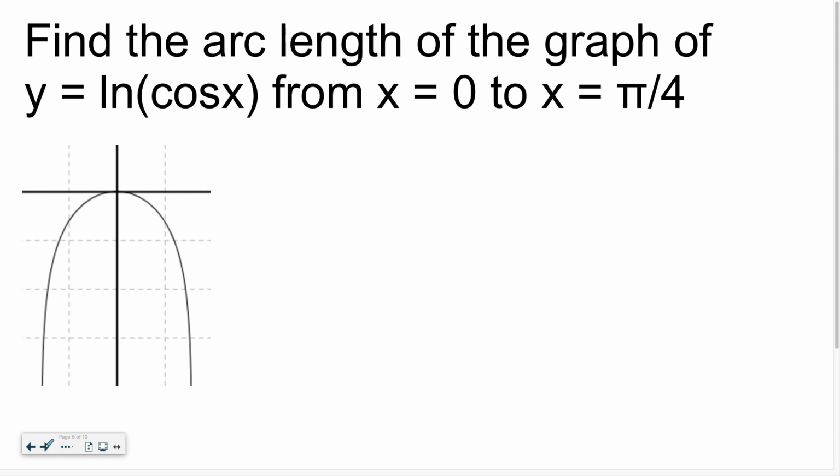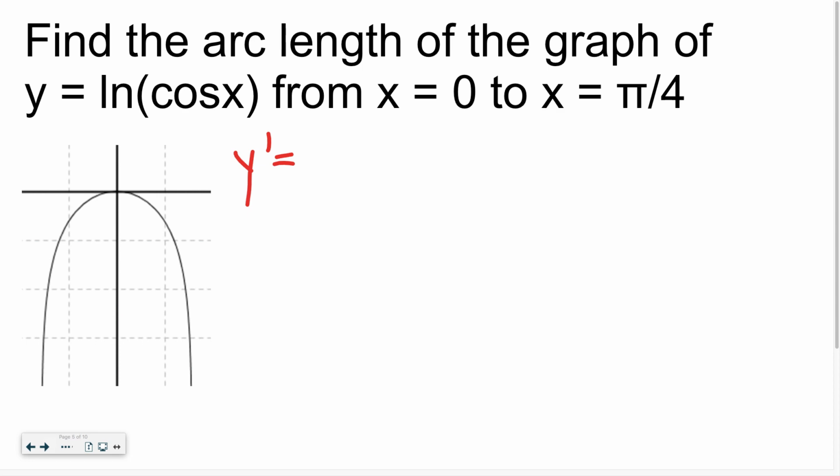Okay, when we find arc length, the first thing we need to calculate is the derivative. Find it for me. I have to remember how to do this now. Negative tangent, right? Look, I did cosine.